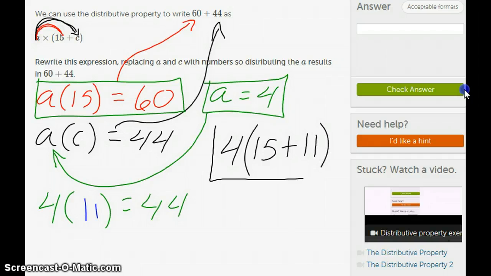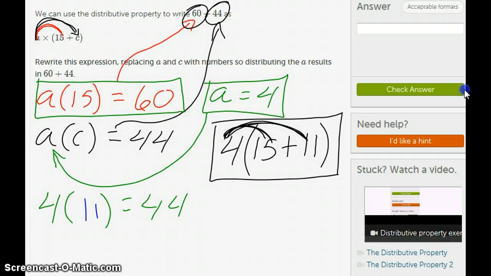This right here is the answer because 4 times 15 is 60 and 4 times 11 is 44. So we get the answer of, and right in here it would be 4 and 15 plus 11.